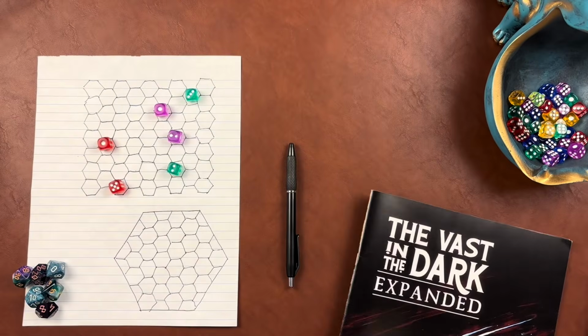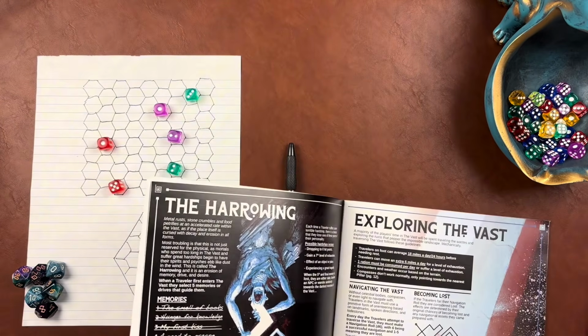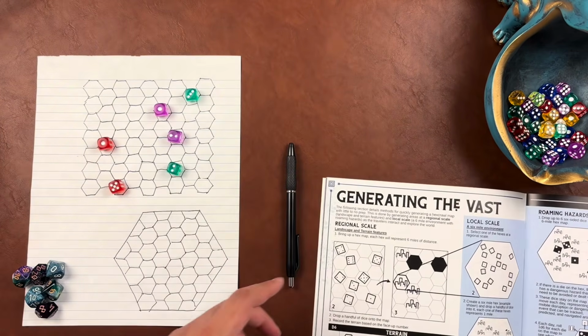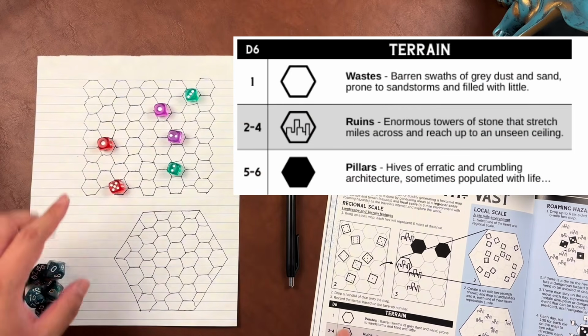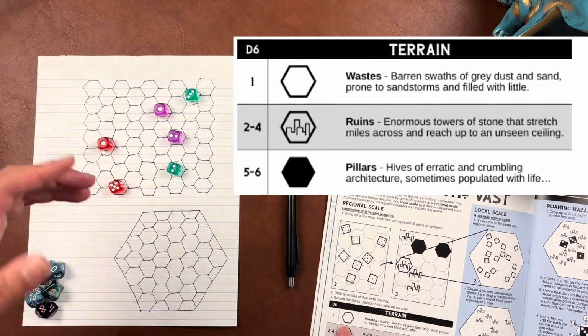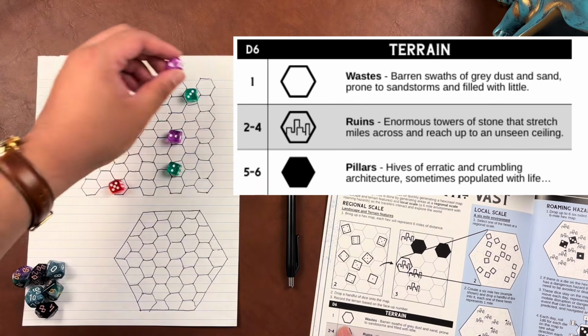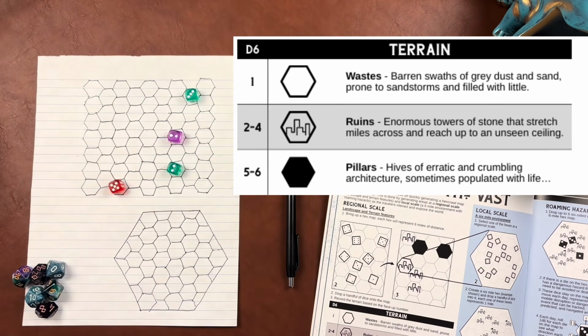Now go through the table in The Vast and the Dark to assign terrain types to each of these spaces. The blank spaces and the number ones are wastes, so these are empty spaces.